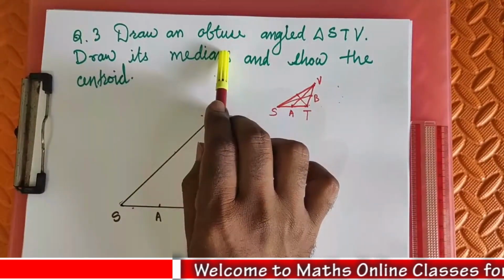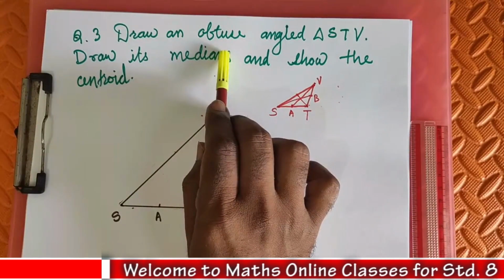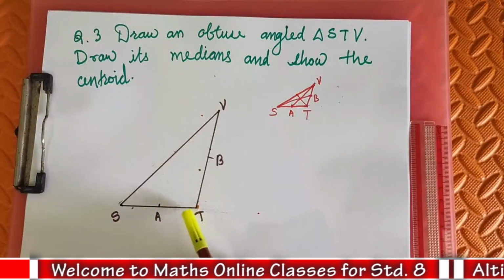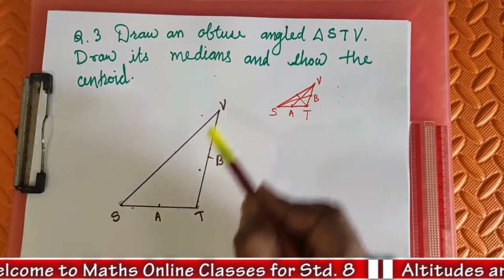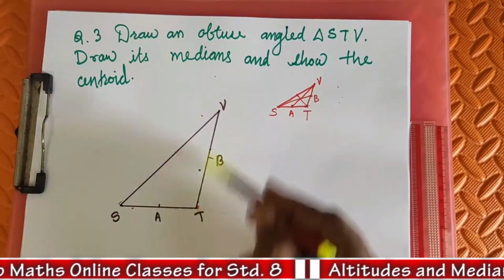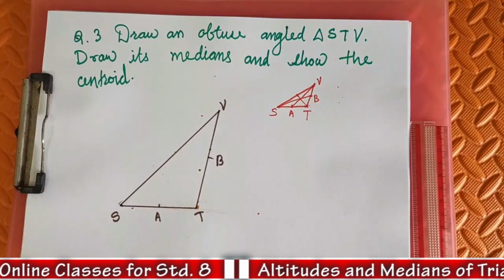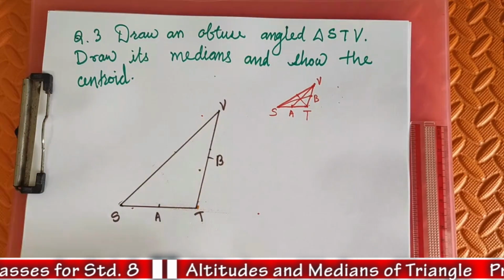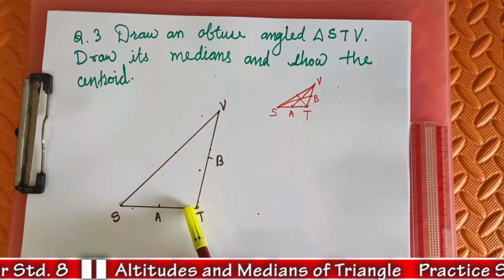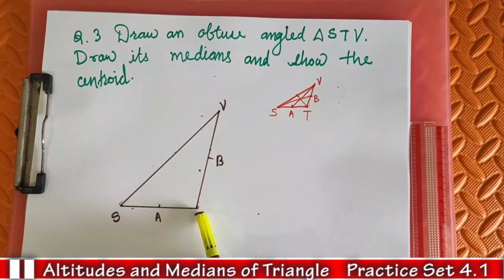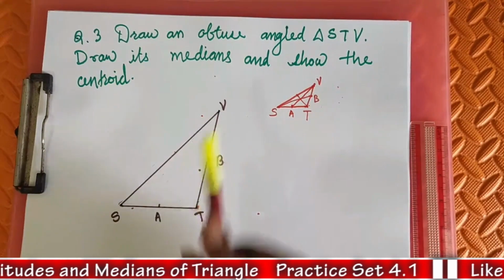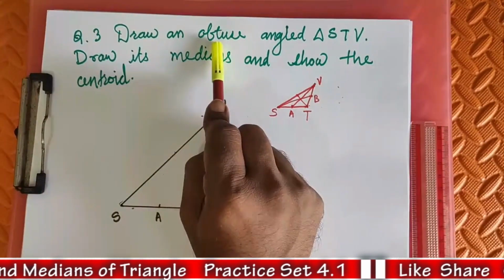Understand? Otherwise you will think that here only 6 centimeter you have to take, and here only 8 centimeter. Not like that, according to your convenience. Also here I have taken the angle 100 degree because it was told obtuse angle triangle.